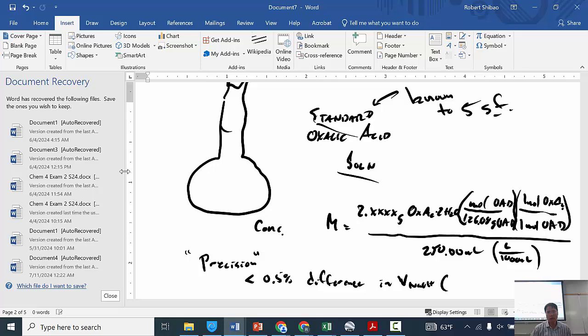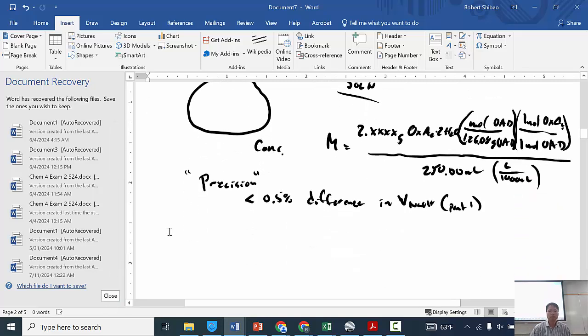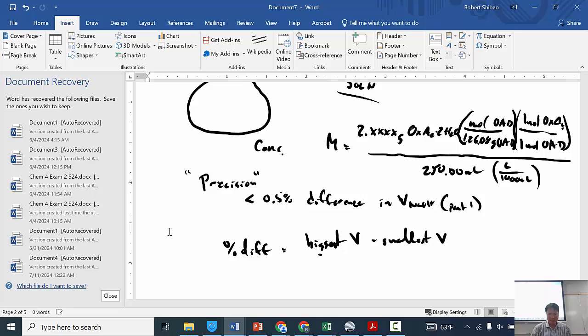This is for part 1 only. And so the percent difference is equal to the biggest volume minus the smallest volume, divided by the smallest volume, times 100%.